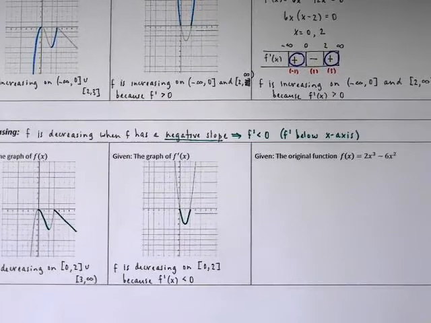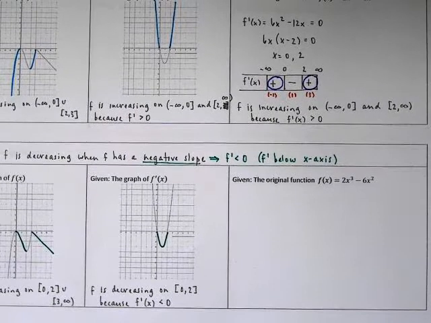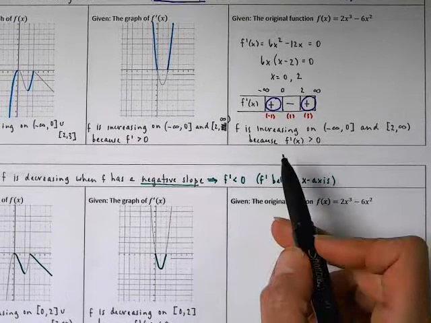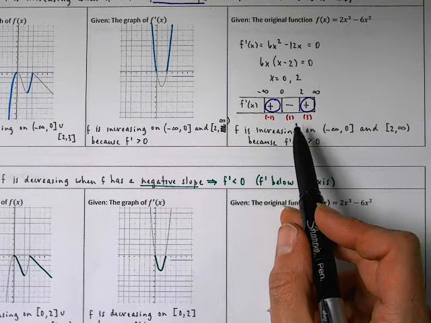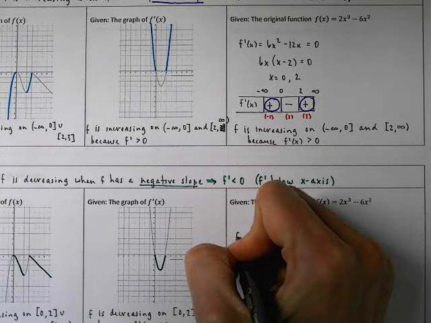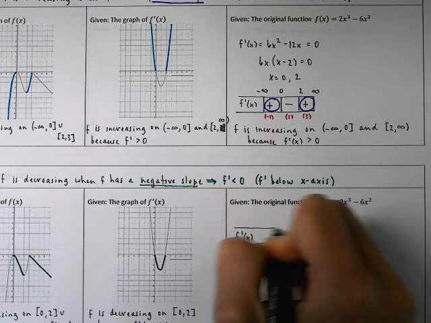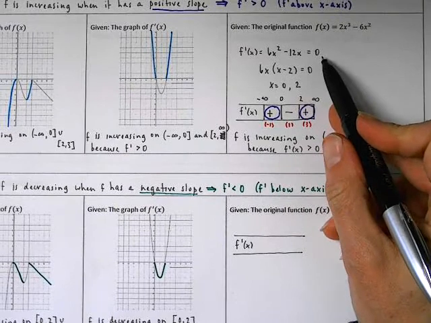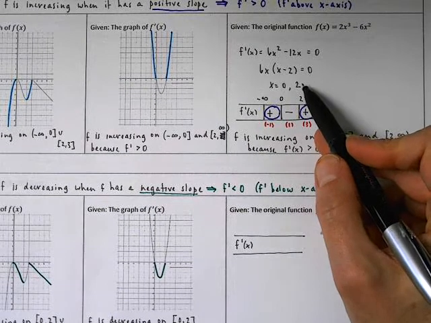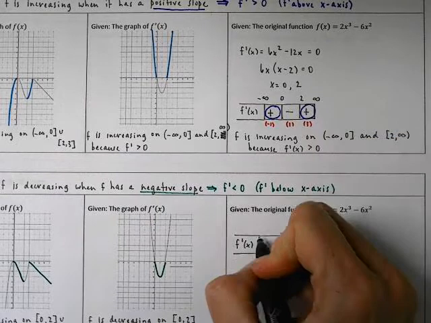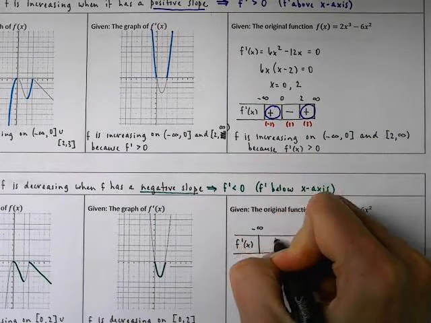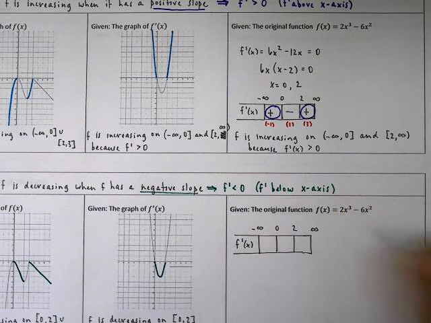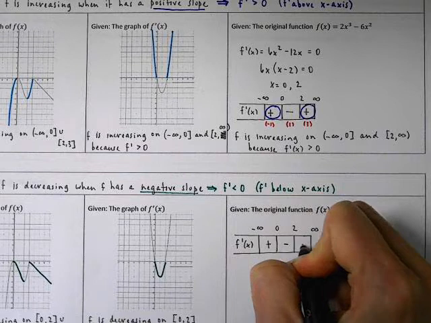Okay, and then we have the same idea here of finding this if we're given the original function. Now in this case, we actually use the same function up above, so we don't need to do this work. I'm going to copy this table that we had. So it was the same function. We took the derivative, we set it equal to 0, we solved for our x values, and then we set up our table. And so we tested some points in each interval.